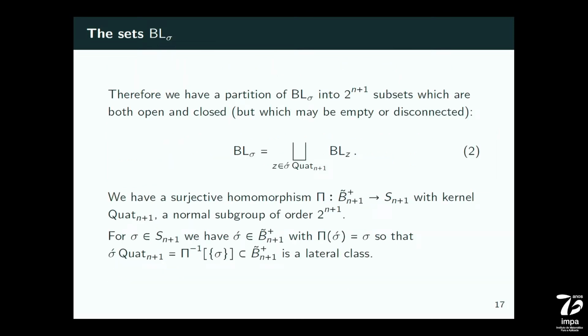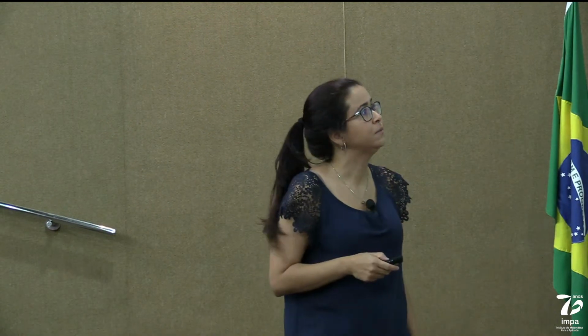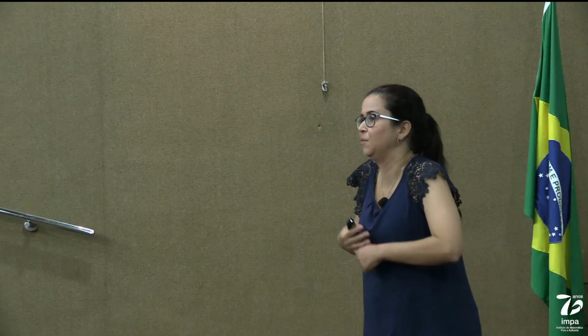So more than this, with all these, we get that BLσ can be written like this, a disjoint union of BLZ, where Z is here in acute σ Quat(n+1), where Quat(n+1) is the idea of a generalization of the quaternion groups. So this is a normal subgroup of order 2 to the power n+1.